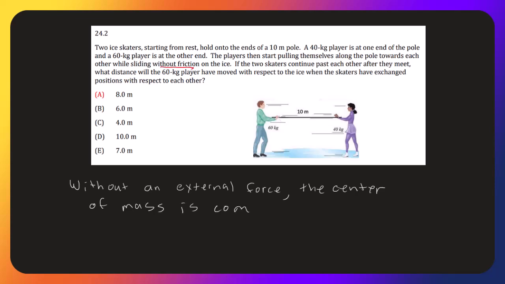So wherever the center of mass is right now, the center of mass will stay there as long as there's not an external force. And in this problem, there is no external force. We're just talking about the two people and the pole. And they're sliding on the ice without friction, so there's no extra force there.